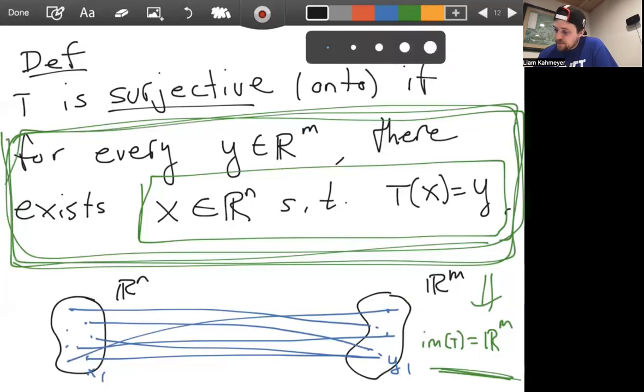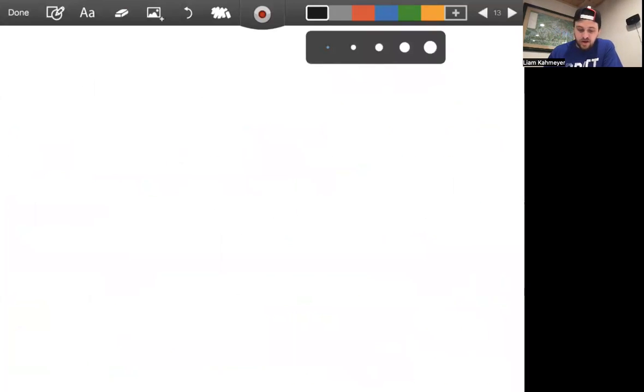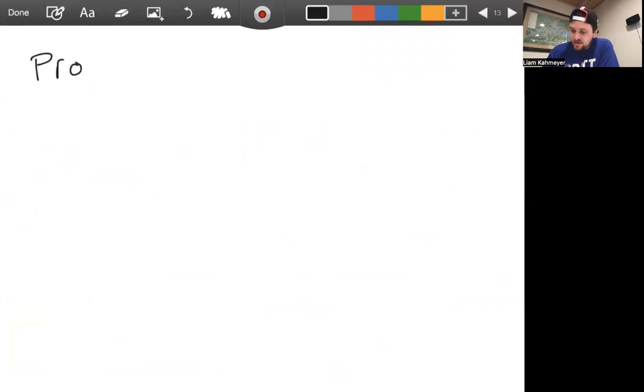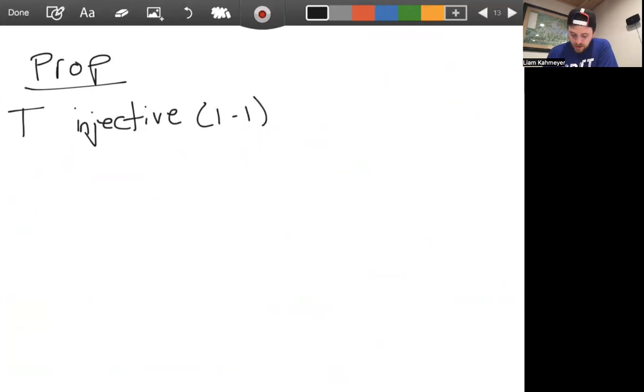Okay, so I have a proposition here about injective maps, and then I want to look at some examples. So here's a proposition. T is injective, and remember, injective means one-to-one, if and only if. If you ever see a double direction arrow, that means if and only if.